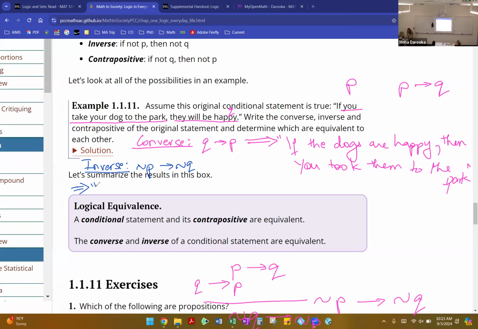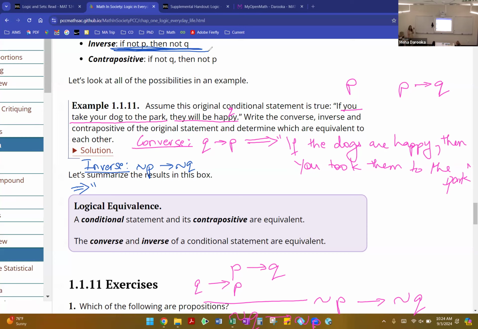If your dog's not happy, you won't take him to the park. Keeping the original statement is what you're negating. So you're not switching the Q and the P like we did for converse. Remember, it's if not P, then not Q is what your inverse will be.